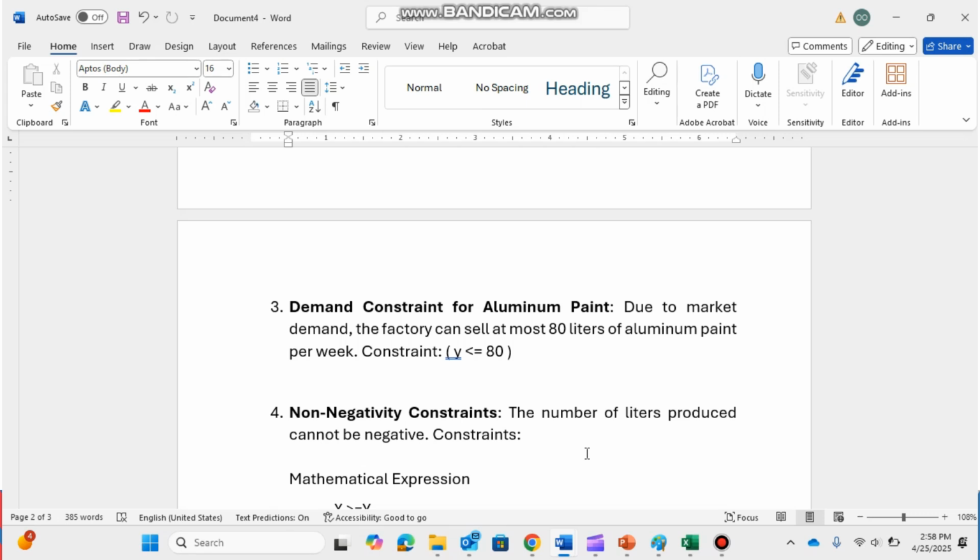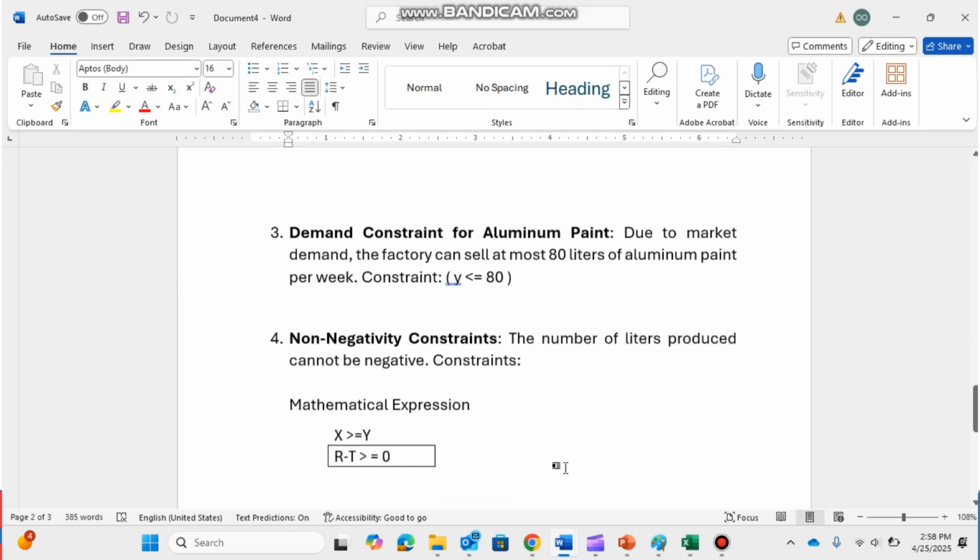You must have that in one part of your mind when you are solving a linear problem that has to do with production. You cannot have a negative value. So therefore we say the number of liters produced cannot be negative. So mathematically we express that x is greater than or equal to y.